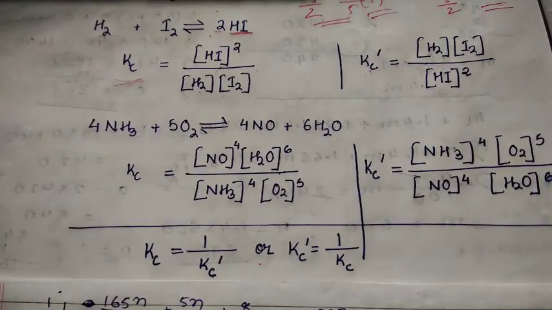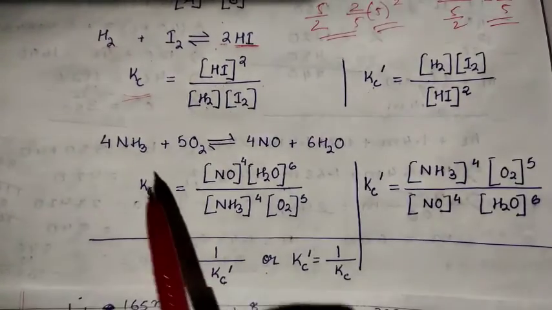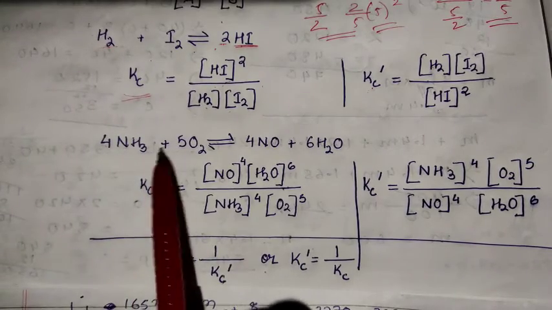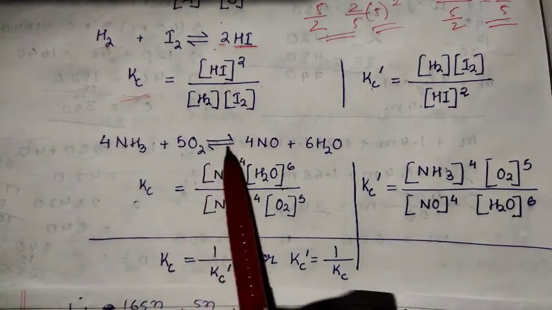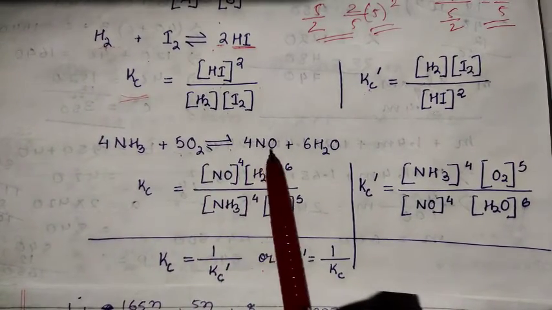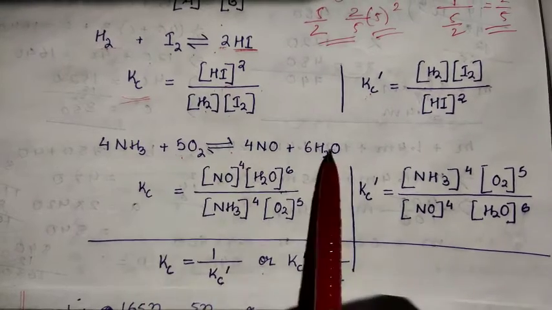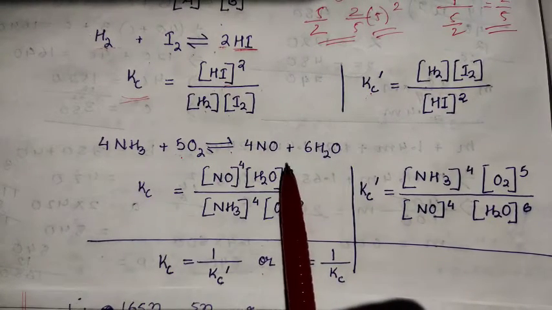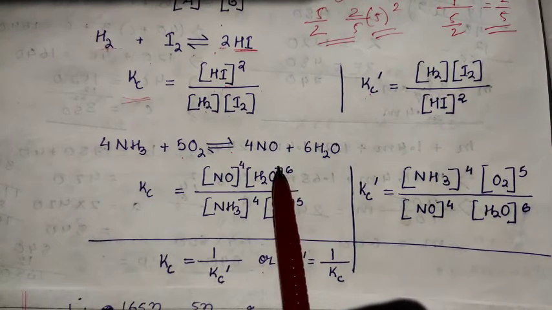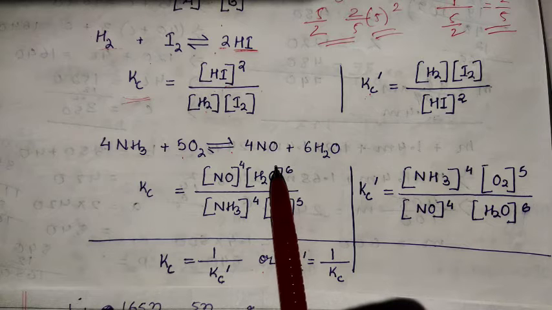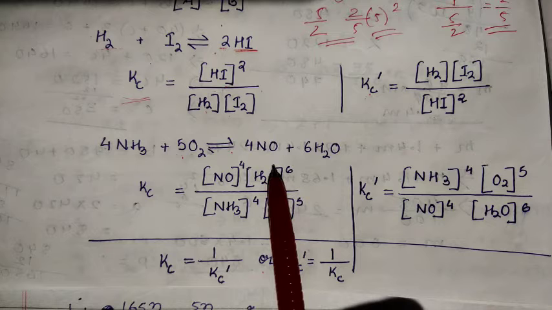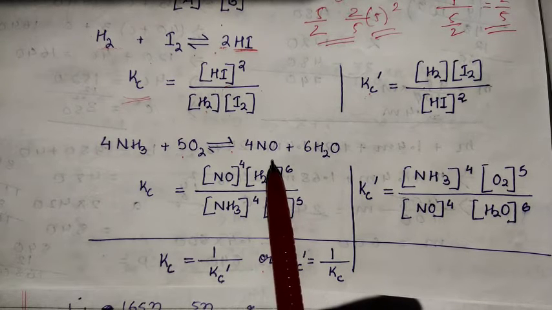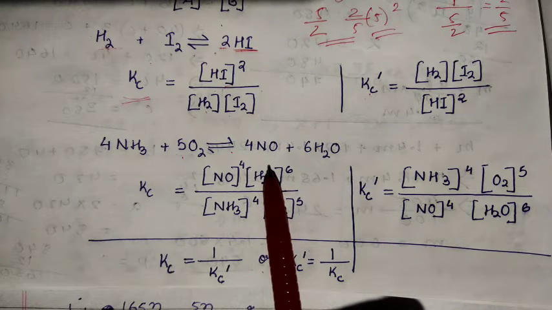Let us consider one more example for better understanding. 4NH3 is reacting with 5O2 to give us 4NO plus 6H2O. So this is the reaction that is given to you. Now the question is, write the equilibrium constant expression for the following reaction. So what is the first thing to see? If there is mention for the forward reaction or for the backward reaction.